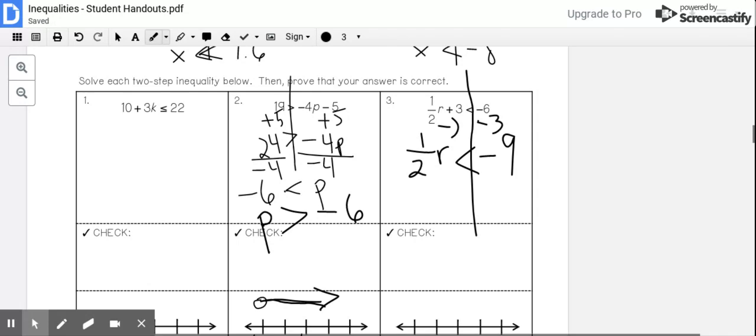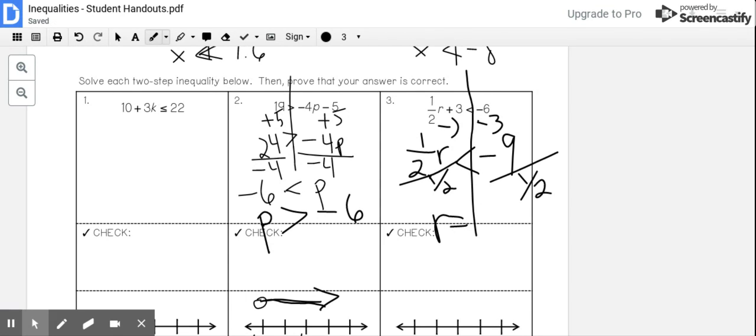And remember, that is a number, even though it's a fraction, it's a number right next to r. So that means multiply. So we are going to divide by 1/2. And some of you, I would like you to multiply by the reciprocal. But by now, if you don't understand that, I wouldn't do that because it'll confuse you if you haven't caught on to that.